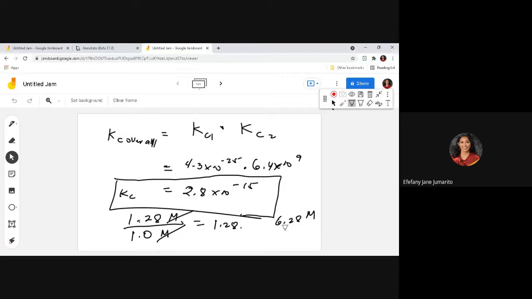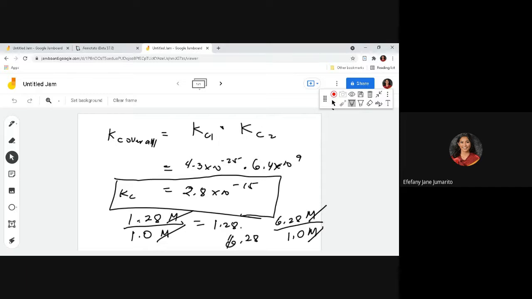When we say standard state, it's 1.0 molar, so the units cancel and we are left with 6.28. So that's why our K and Q are unitless, because they are a ratio to a standard state. If it's concentration, that is 1 molar.